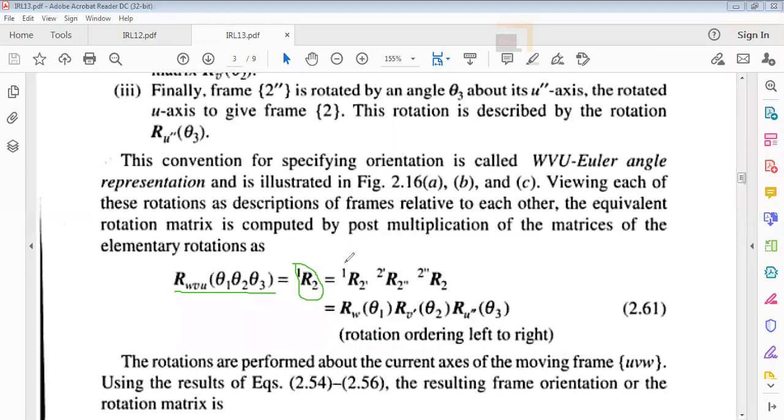So 1R2 dash is the rotation about W by θ1. Next, between frame 2 dash and 2 double dash, the rotation is about V dash by an angle θ2. Between frames 2 double dash and 2, the rotation is about U double dash by θ3. So this is a multiplication of the rotations, and the order is left to right. You should remember that.